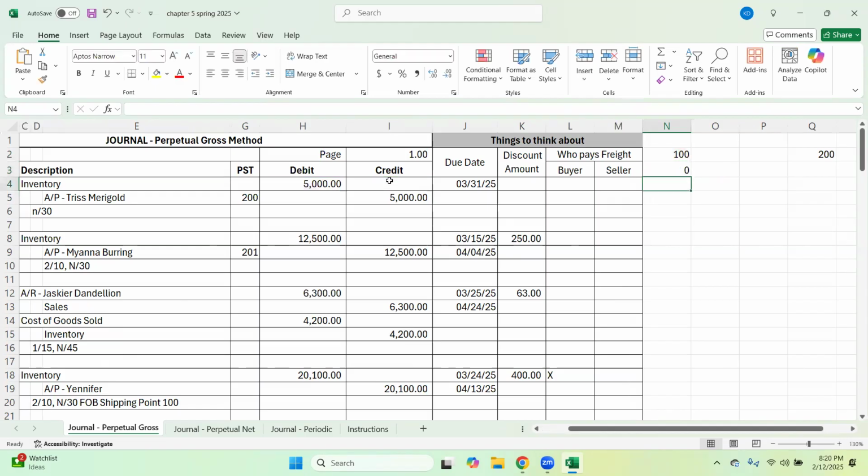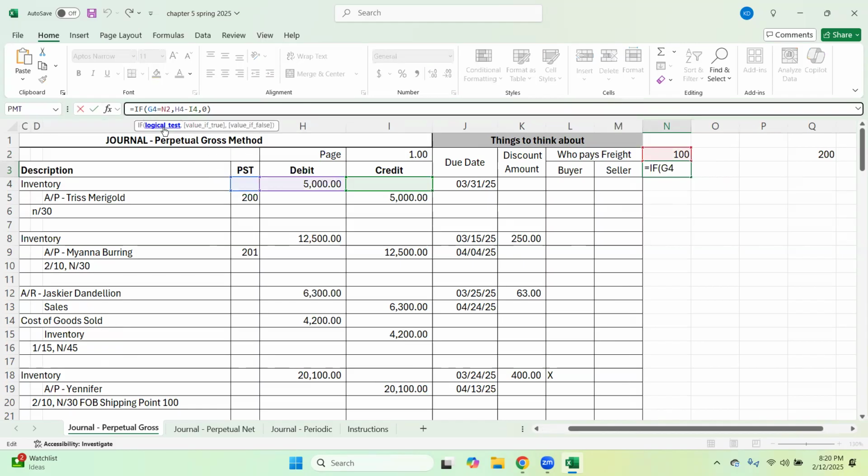Okay, I'm going to hit enter because now I'm going to come back up here to my formula bar and anchor the columns and the rows. So I'm going to anchor this column because I always want it to come back to this column. And then I'm going to anchor this row because I always want it to come back to that row. This one with the column and this one with the column.